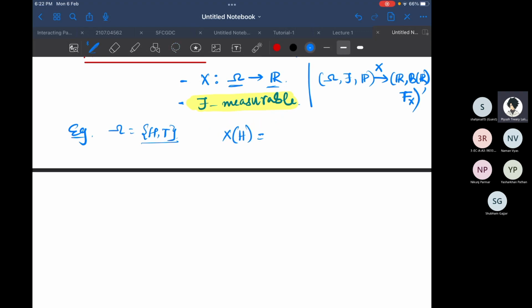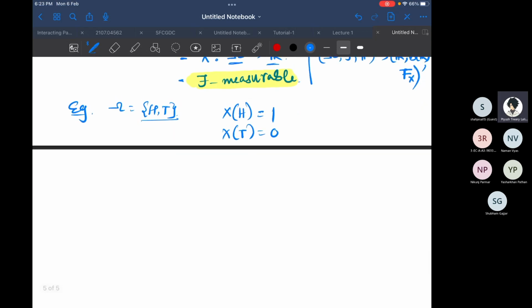So I say that X of H is 1, and X of T is 0. Whenever we talk about heads and tails, we generally work with ones and zeros. So actually, your random variable is mapping this H comma T to 1 comma 0. This is what it is.